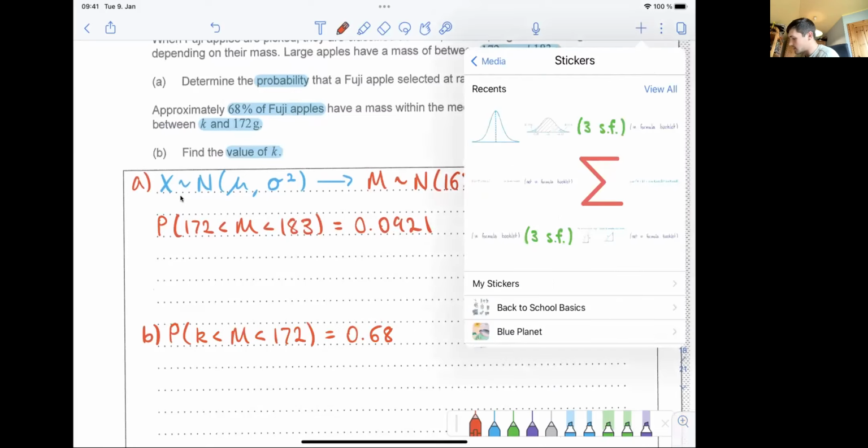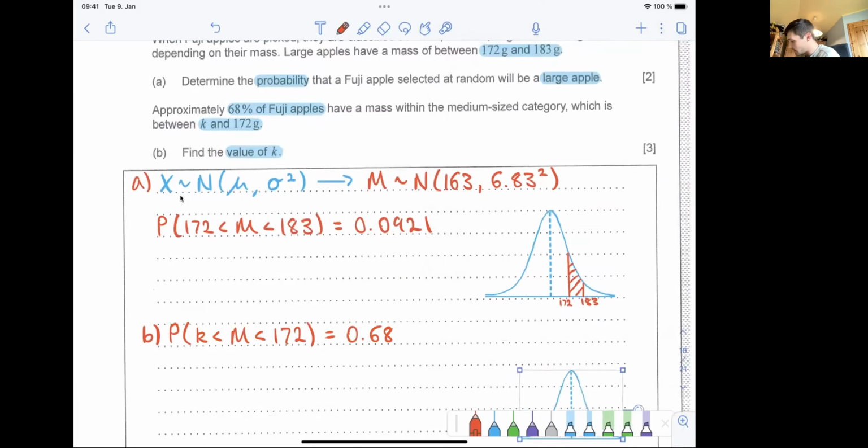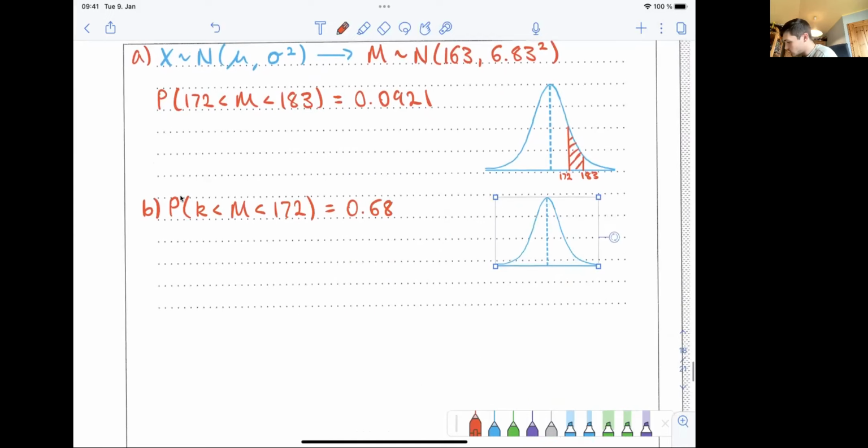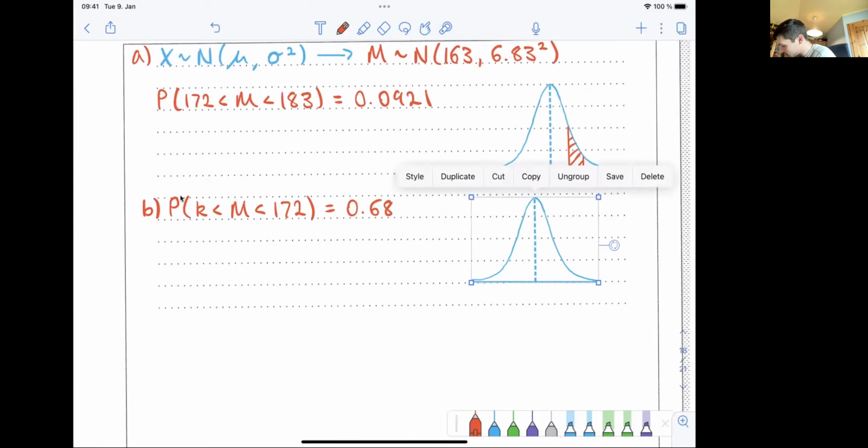And so once again, if we bring in our normal distribution curve and have a look at this visually, we'll say 172 is roughly this line here, and let's say K is going to sit around here. So K, 172 here. And we are told that this area in here is equal to 0.68.